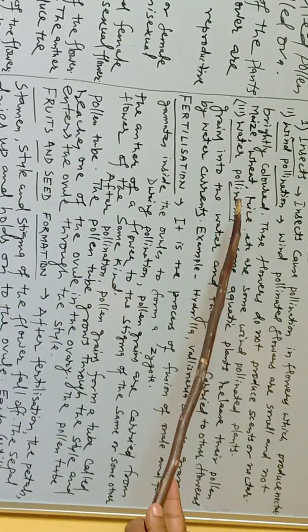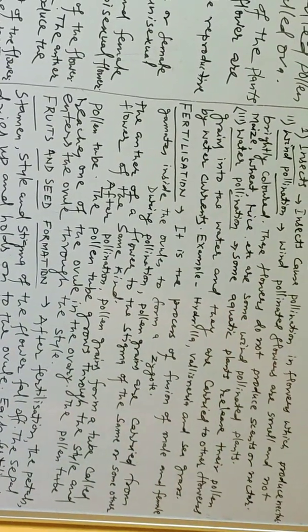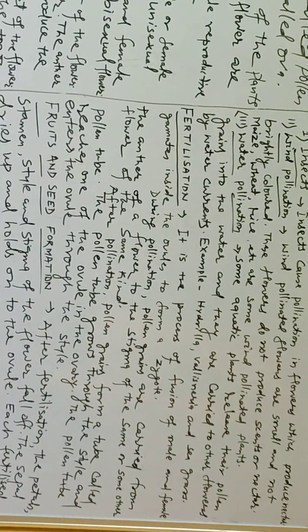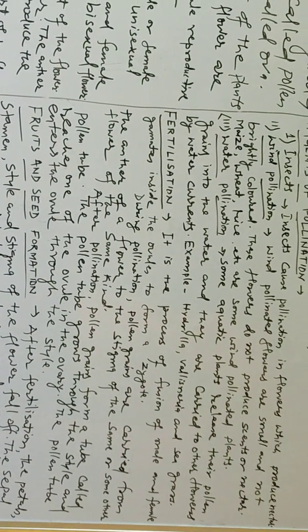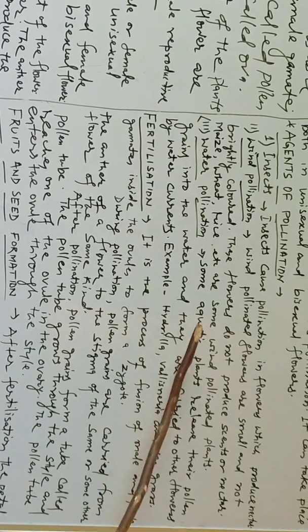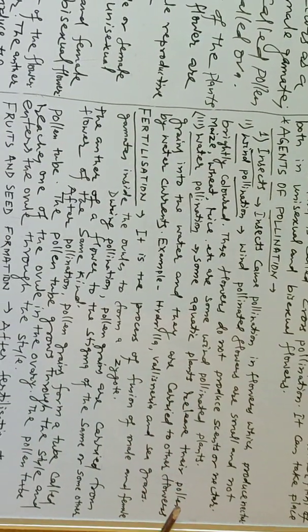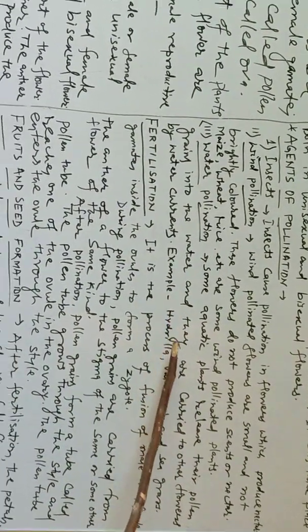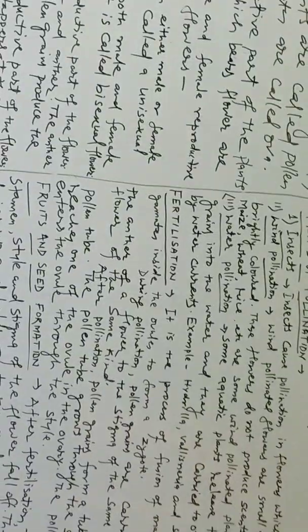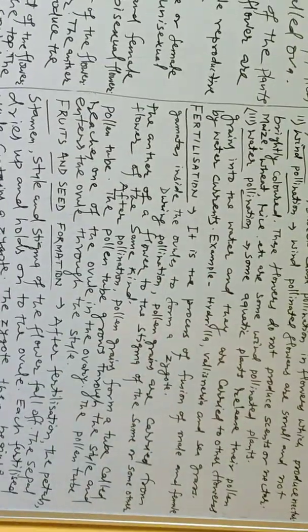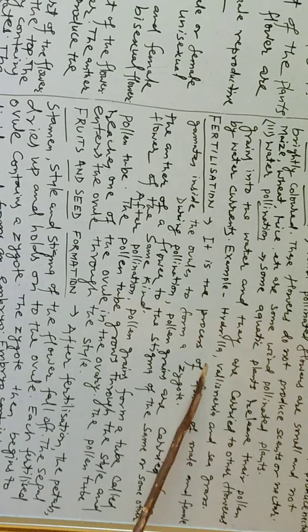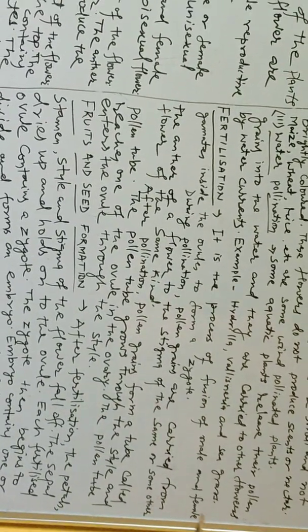Examples are maize, wheat, rice, etc. Water pollination: some aquatic plants release their pollen grains into the water and they are carried to other flowers by water currents. Examples, hydrilla, vallisneria and seagrass.